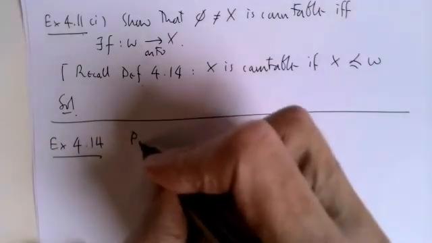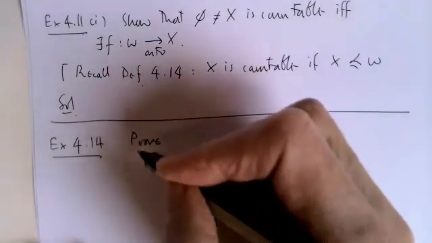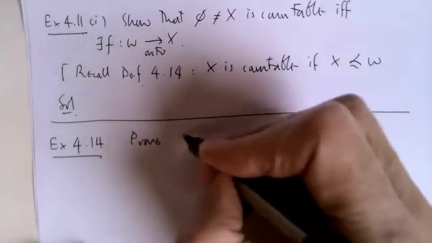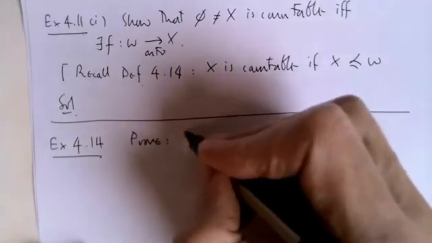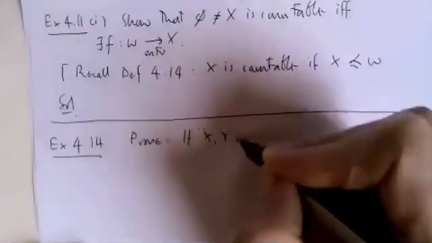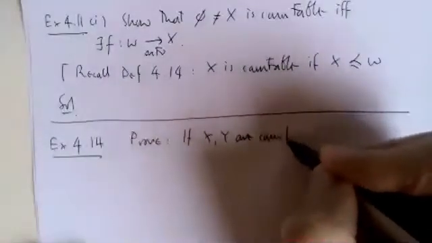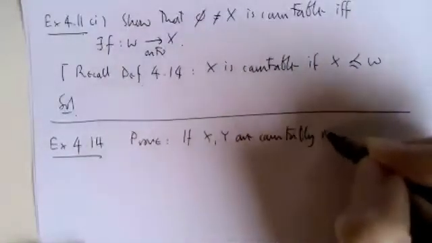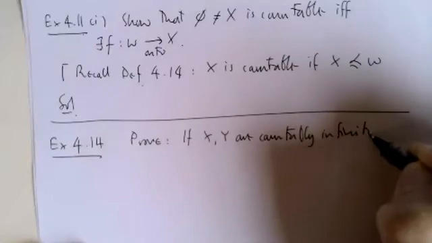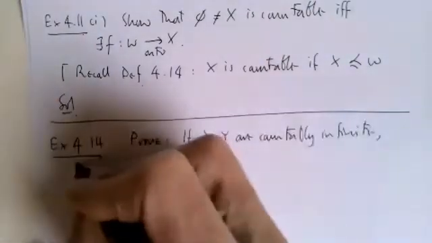Okay, so you have to show the following. If x and y are countably infinite, then the union is.